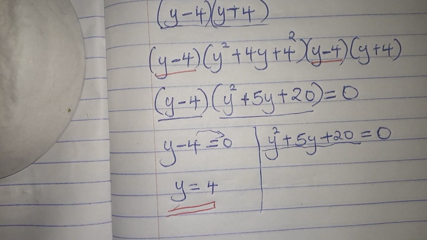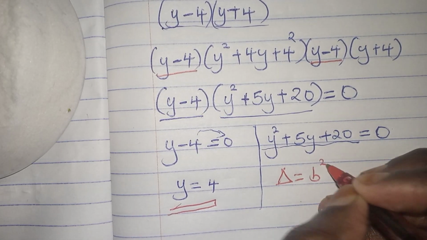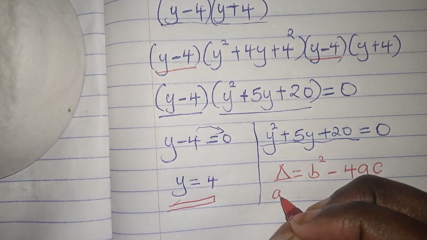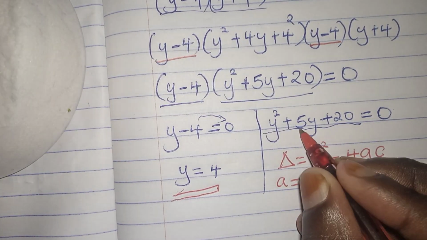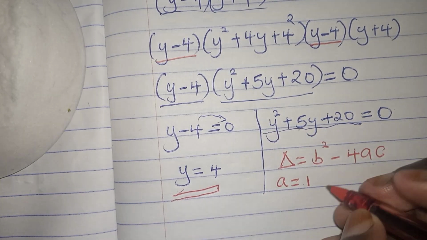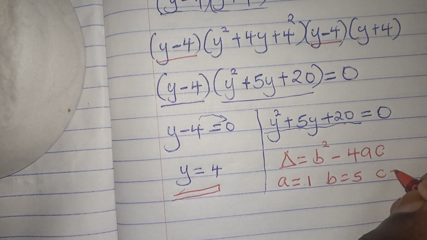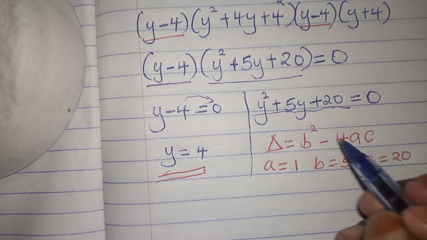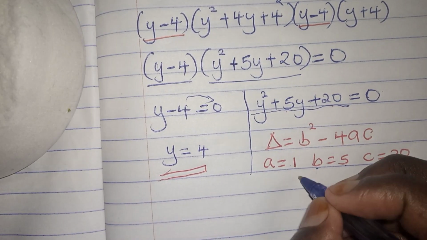So we are going to solve it using this formula. Delta is equal to b squared minus 4ac, where our a is the coefficient of y squared, which is 1. A is equal to 1. Our b is our middle term here, 5. B is equal to 5, and our c here is 20. C is equal to 20. So we will substitute these values in this formula. B squared, this is 5 squared, which is 25.